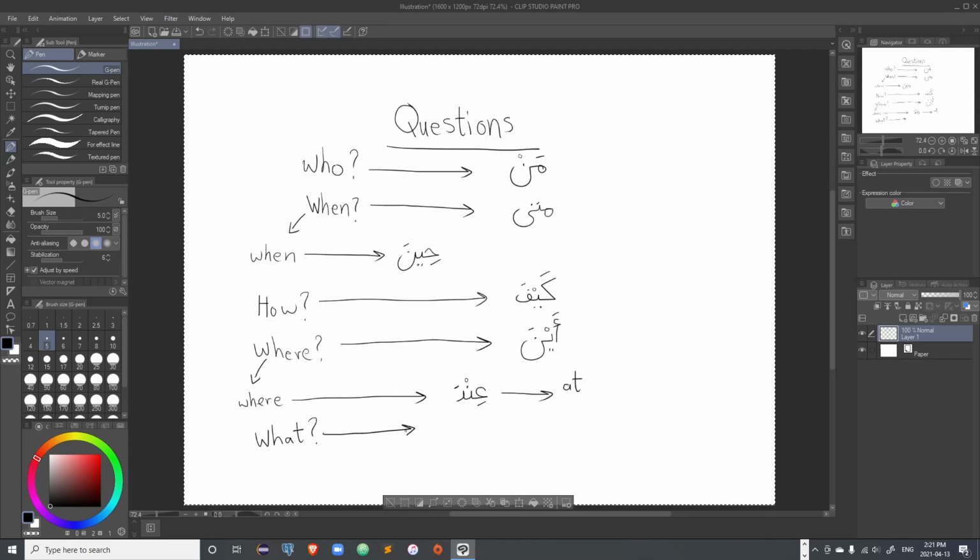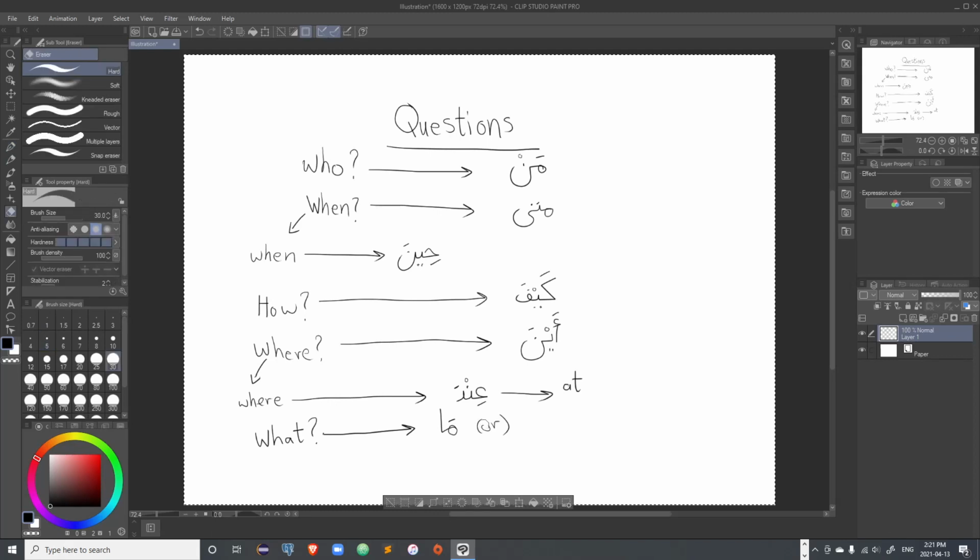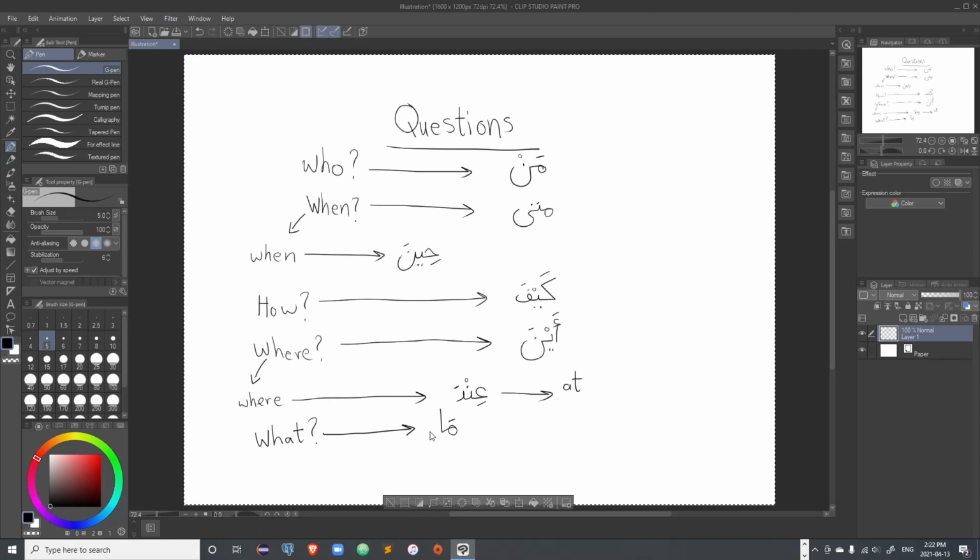What could be ما. And it could also be used with هذا depending on how you ask the question, which we will cover in sentence structures in the next lecture, God willing. So ما means what. What is this? What is that? This is all ما.